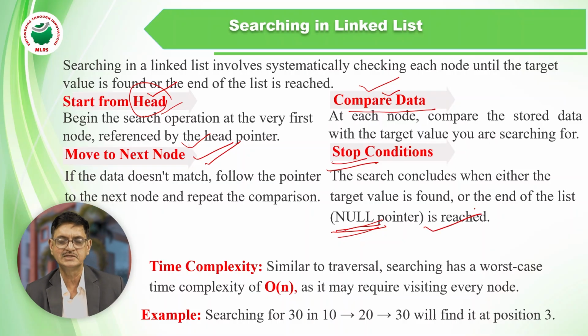What is the time complexity? Generally, whenever we are traversing in the linked list it is O of n, because we can't predict where the data is available. We can't directly jump into a particular location or directly identify the value.